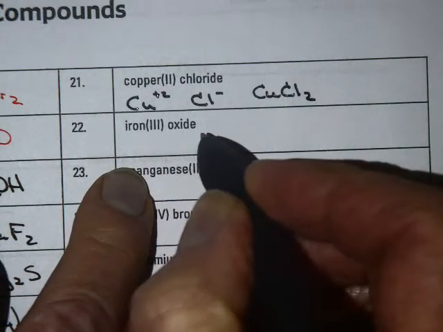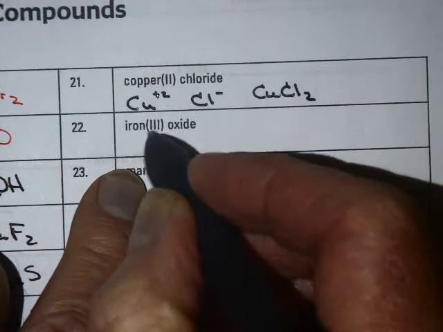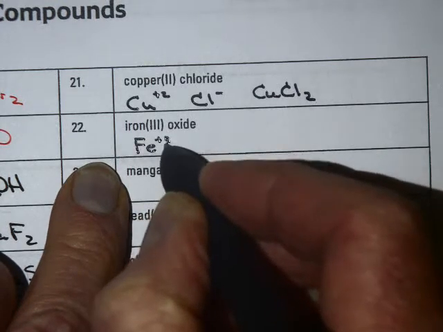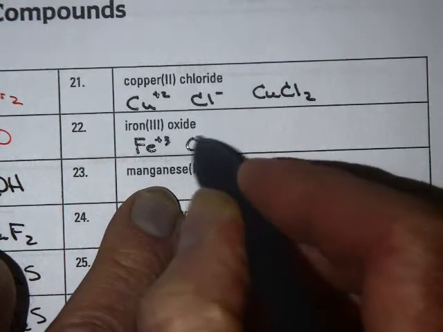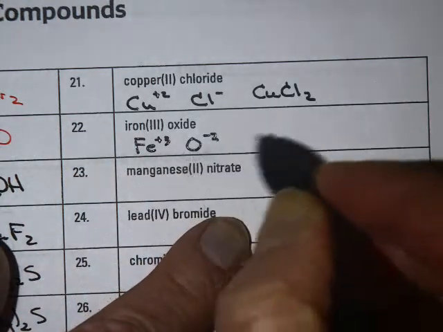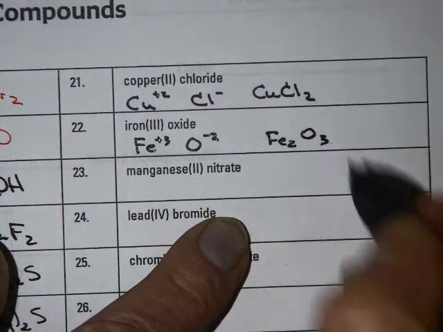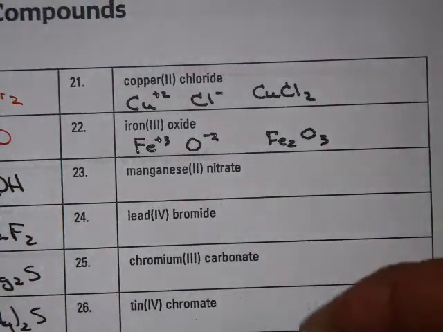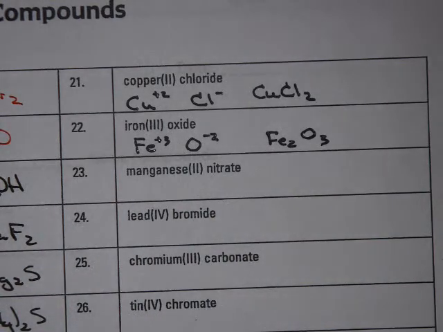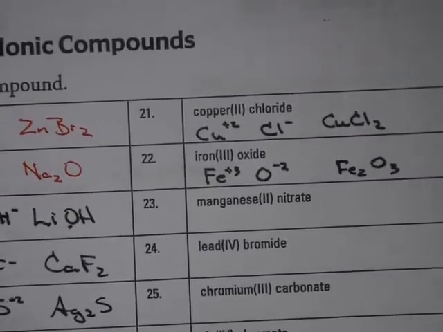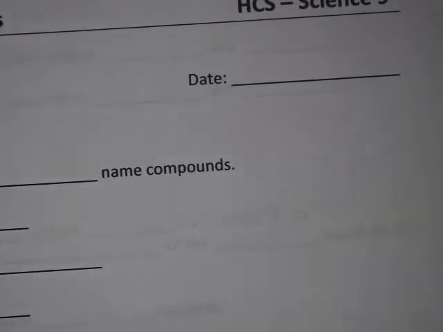So this would be CuCl2. Iron 3 oxide. This 3 tells you the combining capacity of iron. Oxide is always -2. So do the switch. So you get the idea. Okay, so I want you to go back and do those if you have not already done so, and we'll maybe look at that the next day.